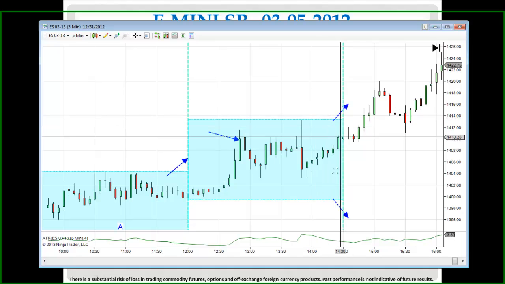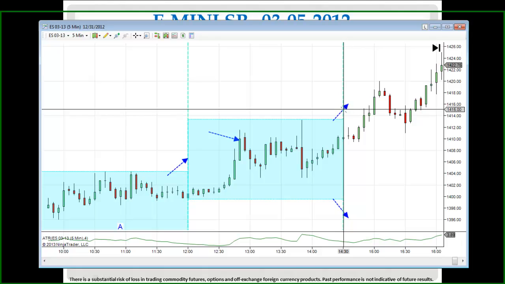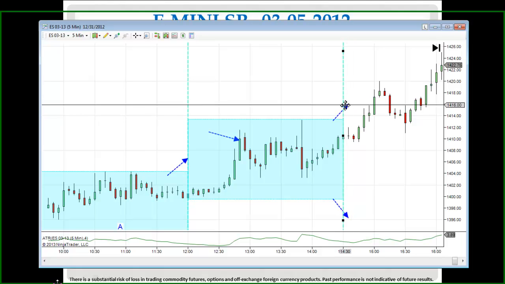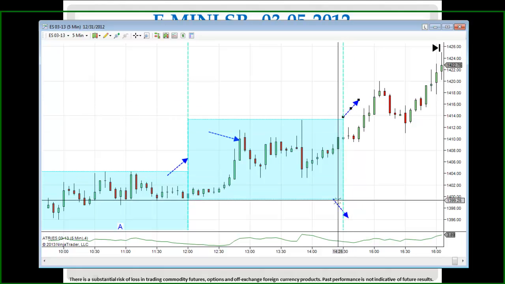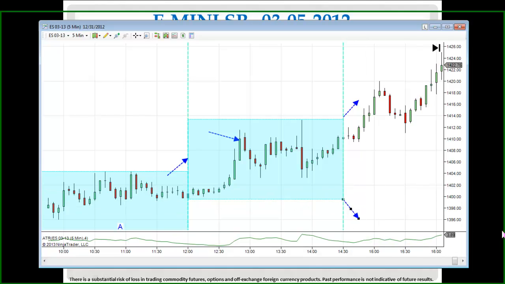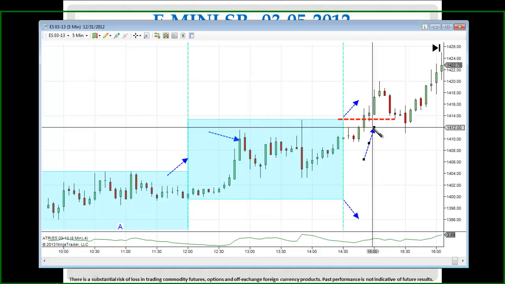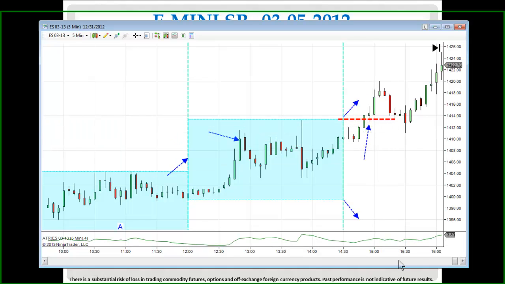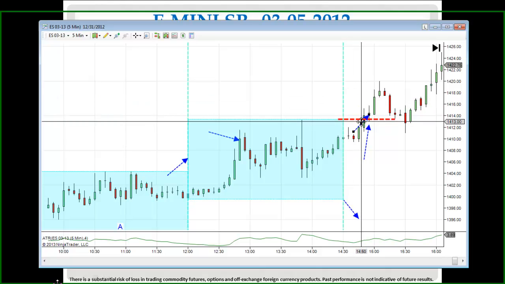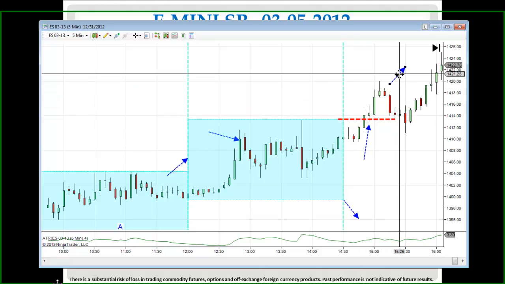So therefore, if 2 closes occur above the B range, this candle right here, the same thing is true. The market goes up, closes out the day.